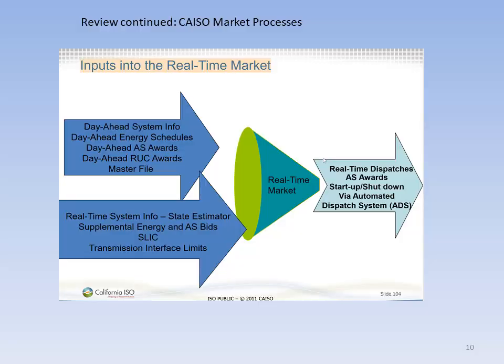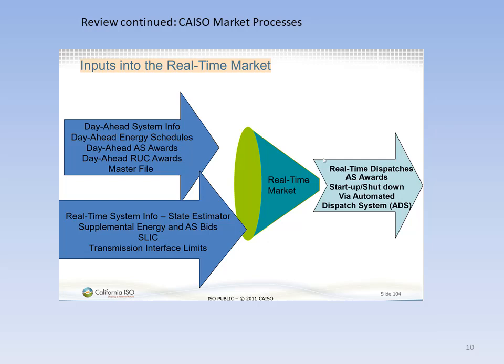The Argonne National Laboratory in 2016 published a survey of ancillary service markets in the United States. The survey provides a nice summary of CAL-ISO processes involving ancillary services. Quote, in the CAL-ISO market, all ancillary service bids may be accompanied by an energy bid in the day-ahead market, DAM, and must be accompanied by an energy bid in the real-time market, RTM.